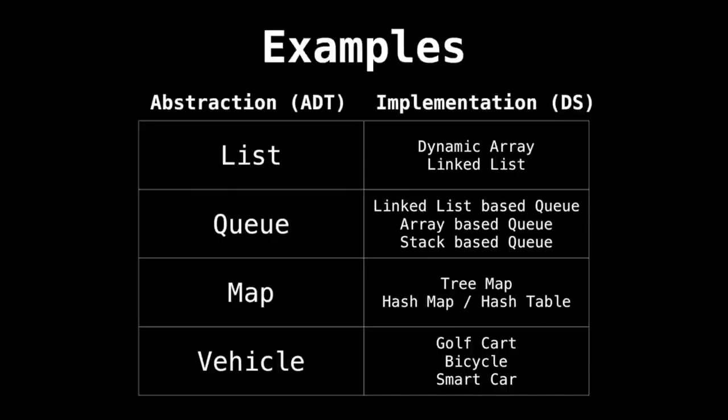Next, we have the queue and the map abstract data types, which themselves can be implemented in a variety of ways. Notice that under the implementation for a queue, I put a stack-based queue because, yes, you can have a queue which is implemented using only stacks.